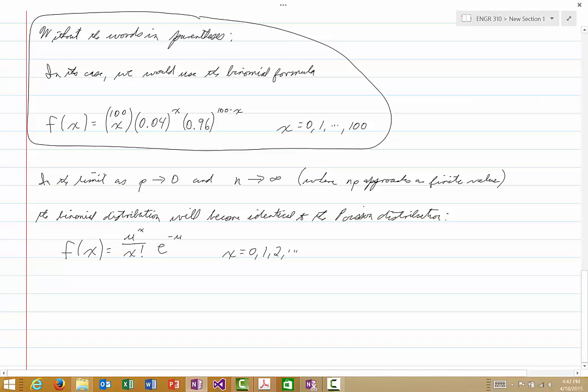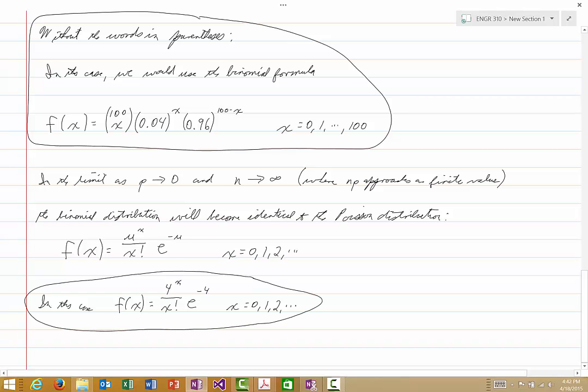So in this case, f of x would be equal to 4 to the x over x factorial times e to the minus 4. And that formula is good for positive integer values of x. And that is the answer for this problem when we're using the Poisson approximation.